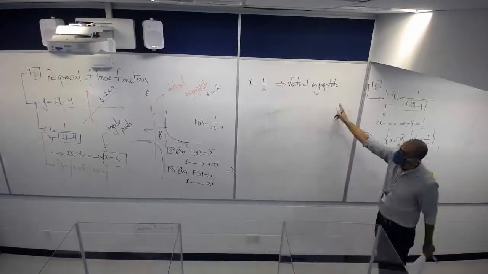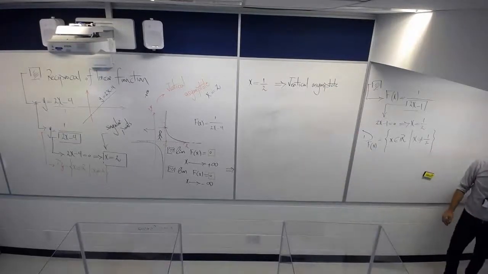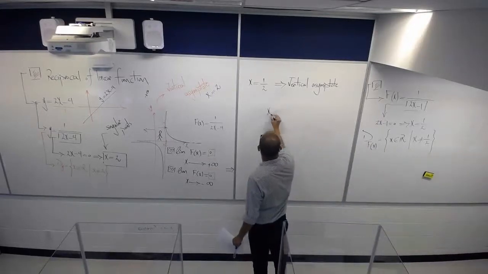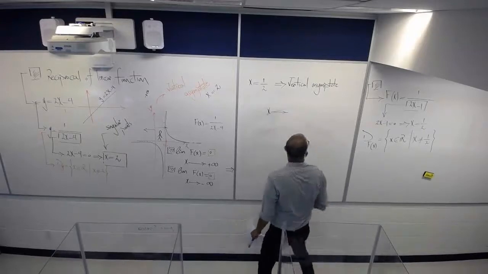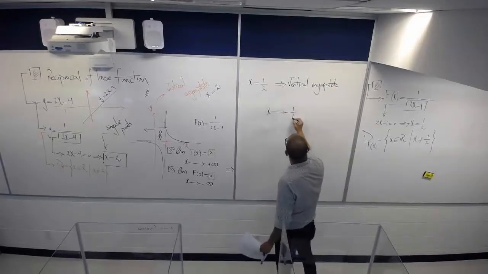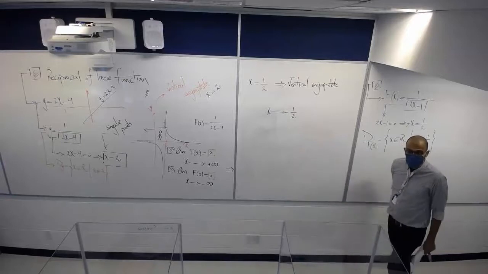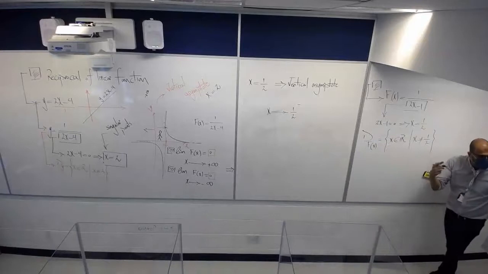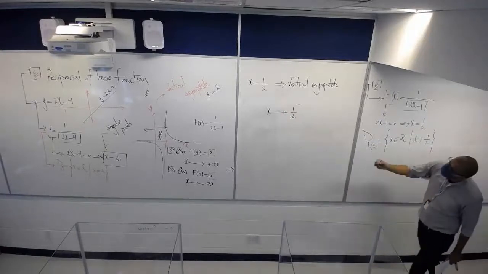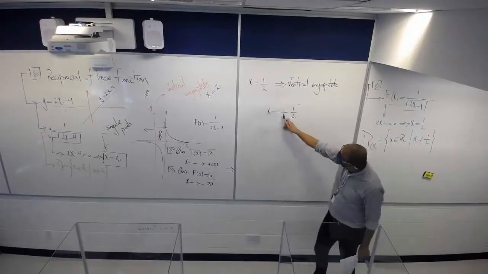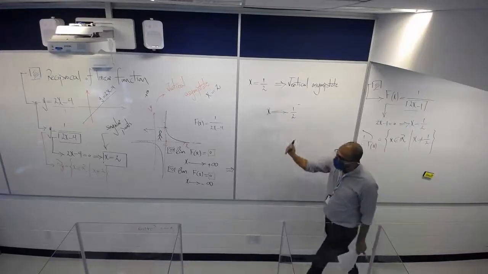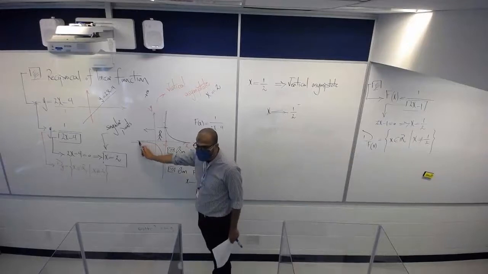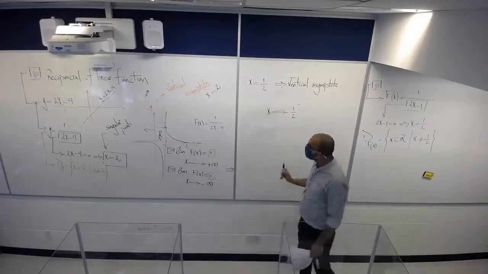How can I explain the vertical asymptotic behavior of this function? I say that x goes to 1 over 2 from the left, which means that I put the minus sign there. It's a kind of symbol. It says that, for example, Calvin is walking towards 1 over 2 along the x-axis, but he is standing behind it, walking towards it.